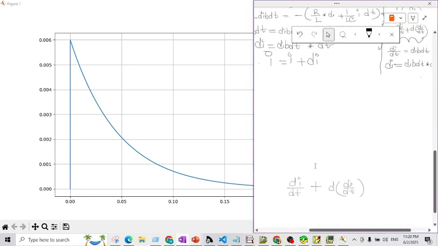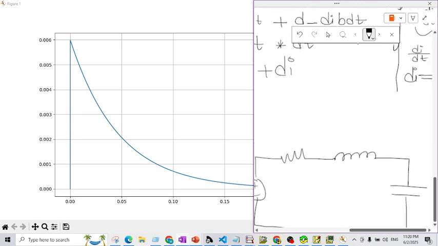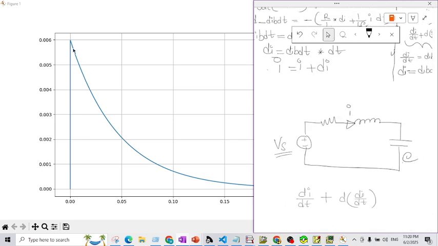Because initially when I apply this DC source, it will try to increase the current, it will try to drive the current through the circuit, so that's why the current increases. And as we know, the capacitor will resist this current, and that's why the current is decreasing.